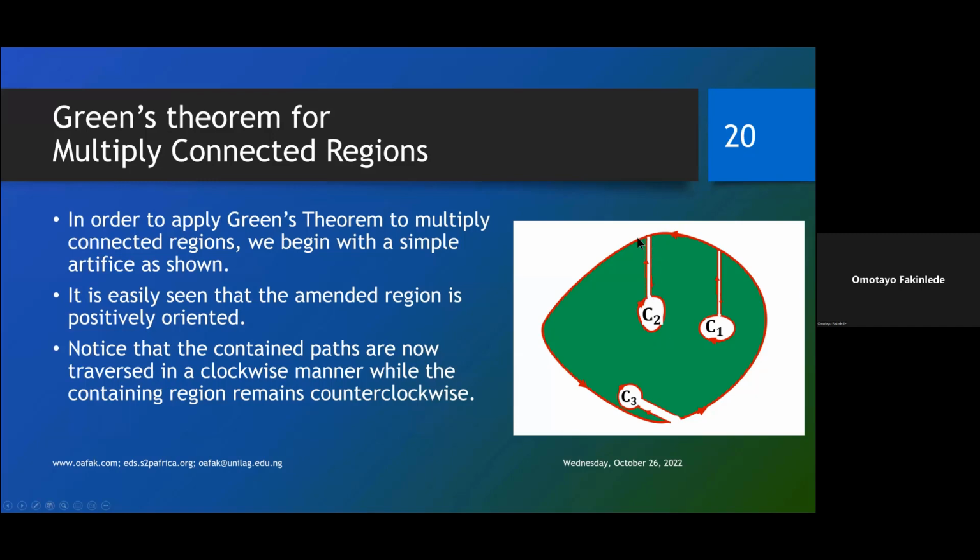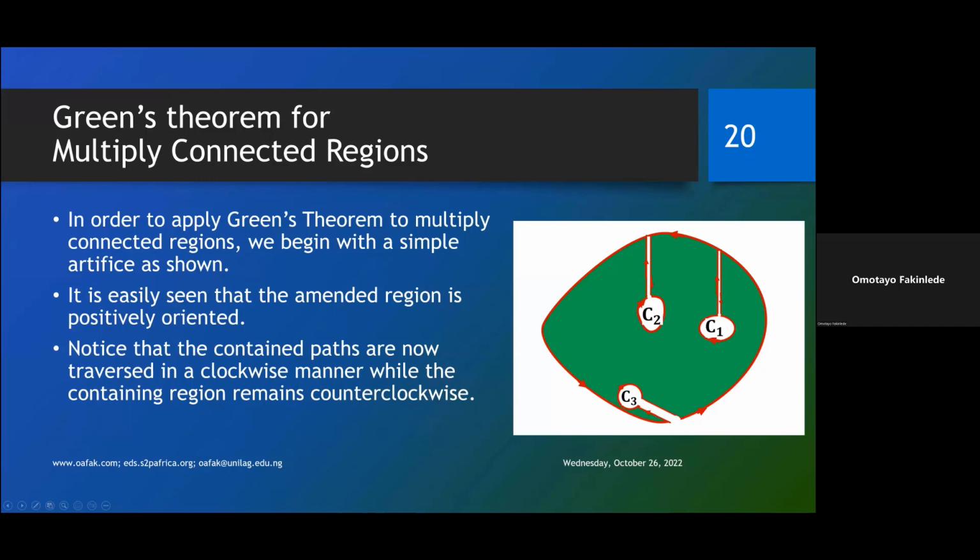Then I get out and come here again, go counterclockwise, and I enter this place and go clockwise and go out of that place. If you notice, the region is always on your left. Throughout the traversal, the region is always on your left, so it is positively oriented.